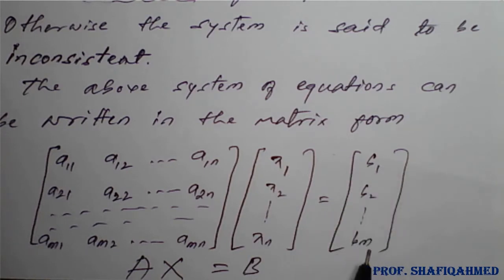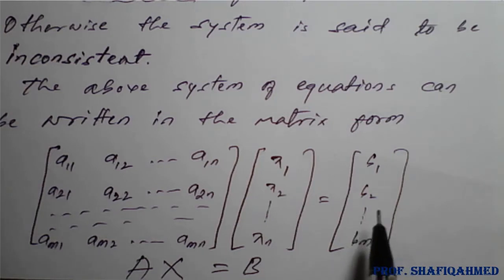If x1, x2, x3, so on are equal to 0, the solution of the homogeneous system of equations is called the trivial solution. If b1, b2, b3, so on bm become 0, then we call it the trivial solution.